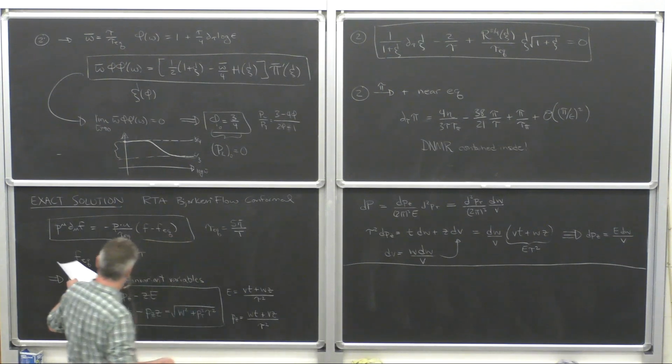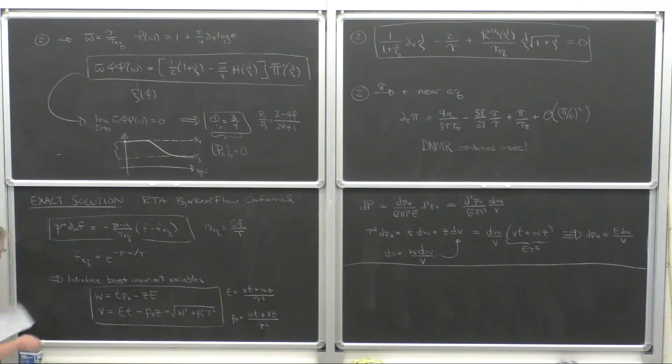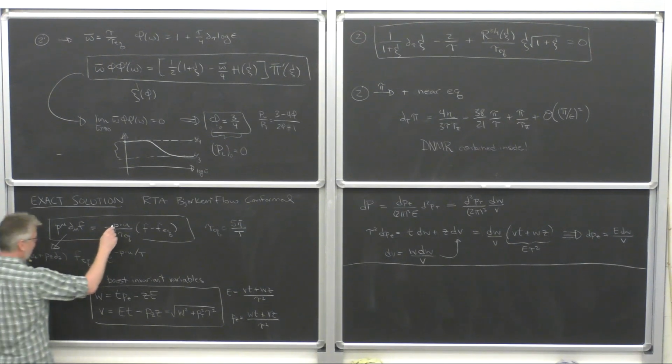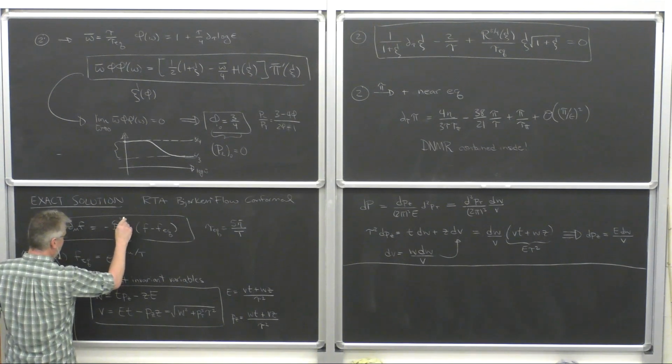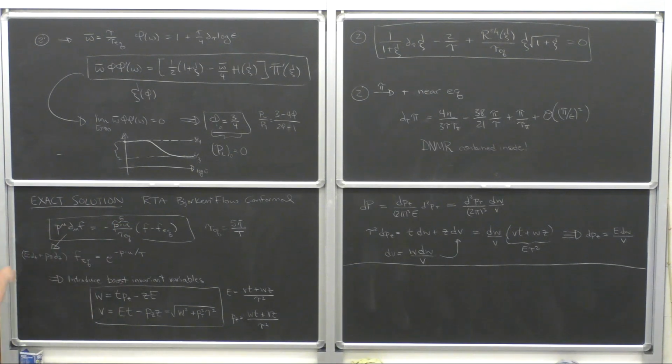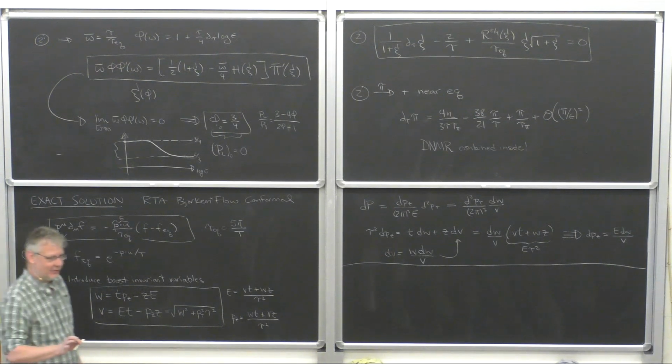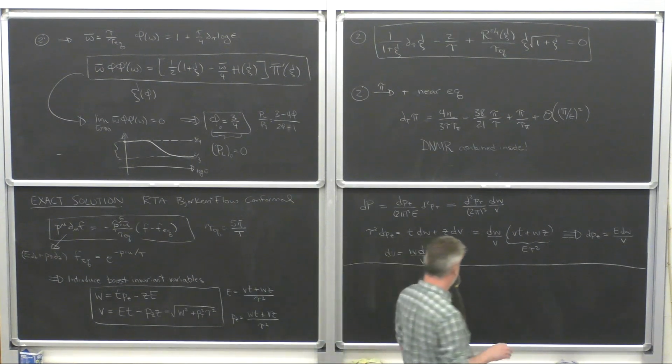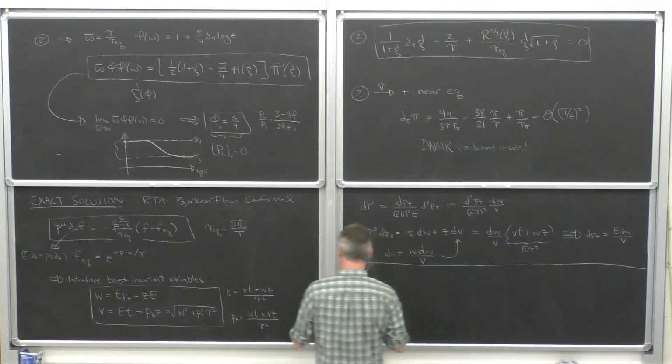If you carefully go through this equation and start expanding things out, what's sitting over here is E times a time derivative plus p_z times a z derivative, and on the right-hand side, this is just going to be E. Then you carefully change variables to w and v. We'll do an extra session this afternoon to do this because it's not exactly trivial.